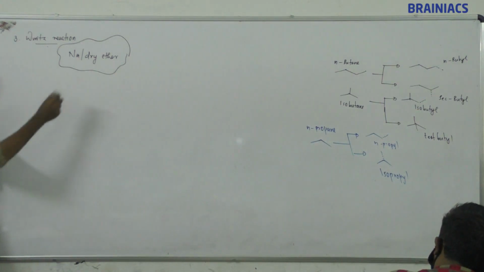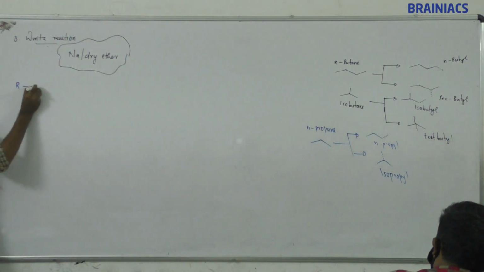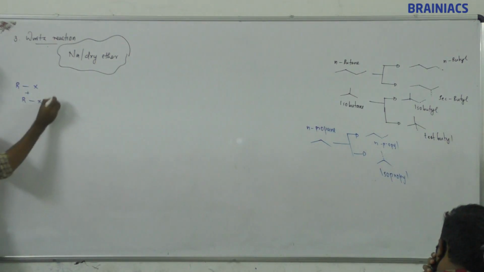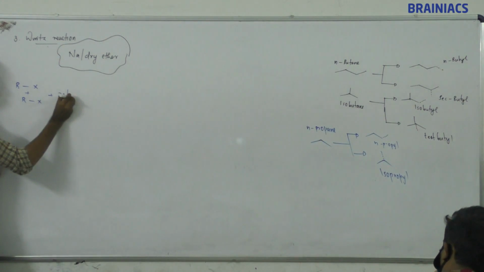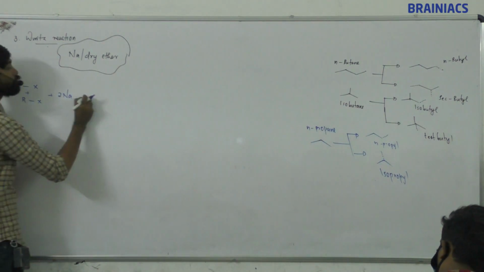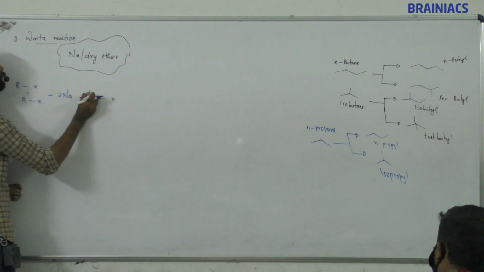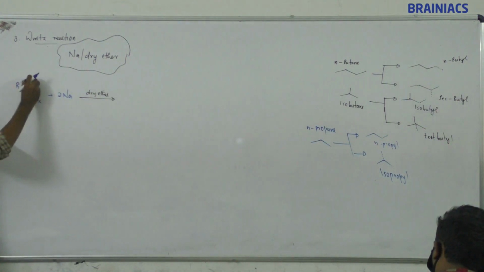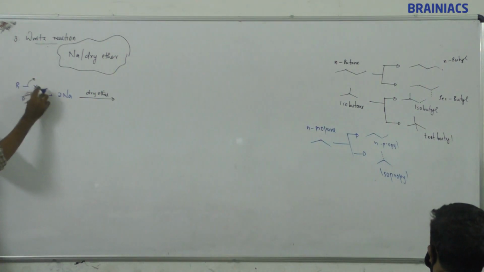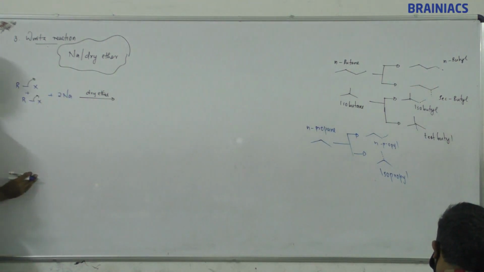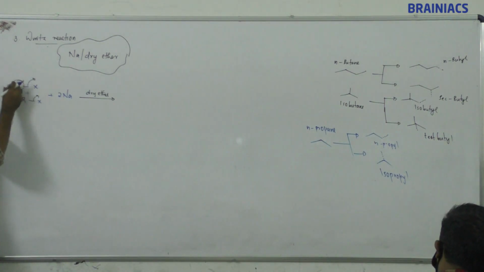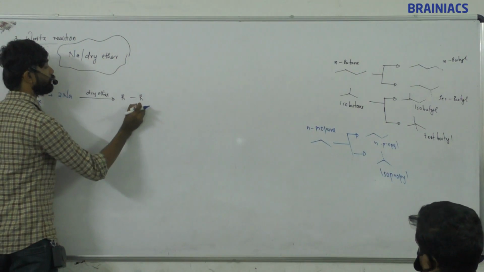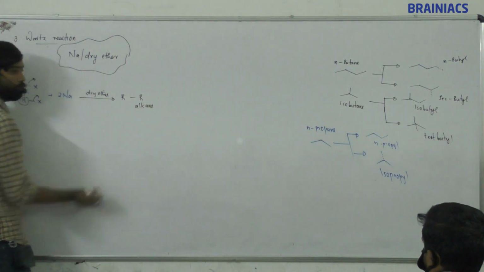Listen. So in the Wurtz reaction, if you have two equivalents of alkyl halides along with the sodium, and it should be dry ether, these two halogens may go with the sodium, and the two alkyl groups couple to form an alkane of what?